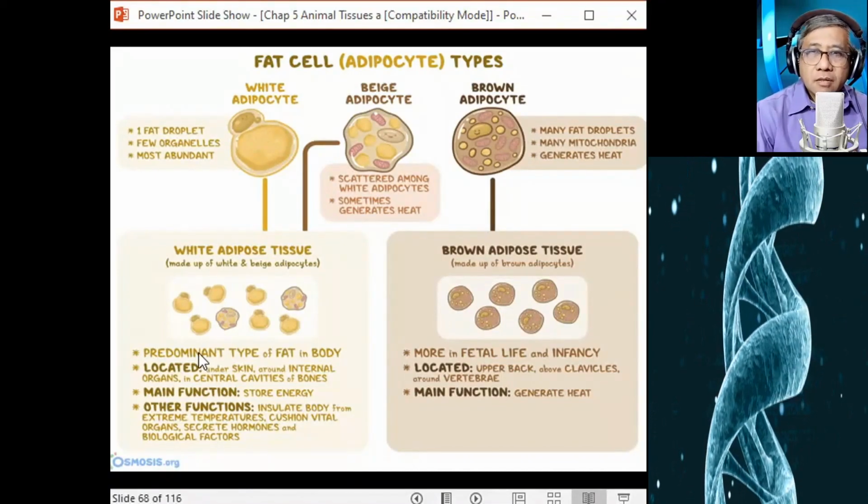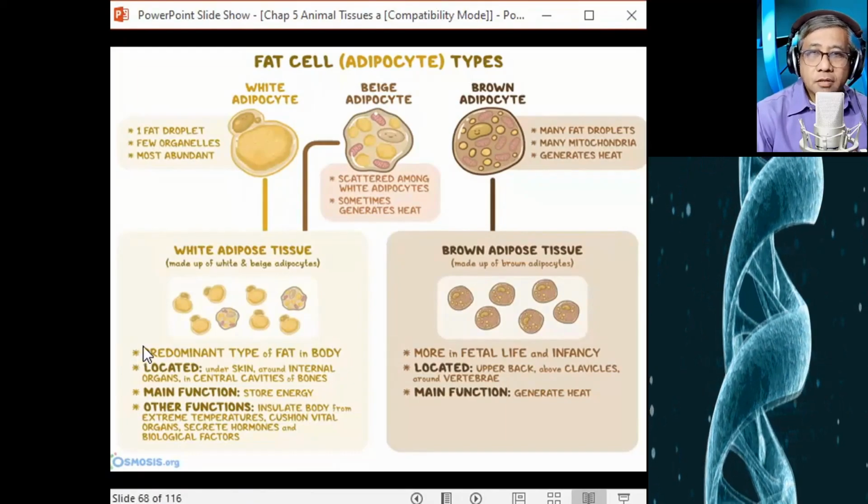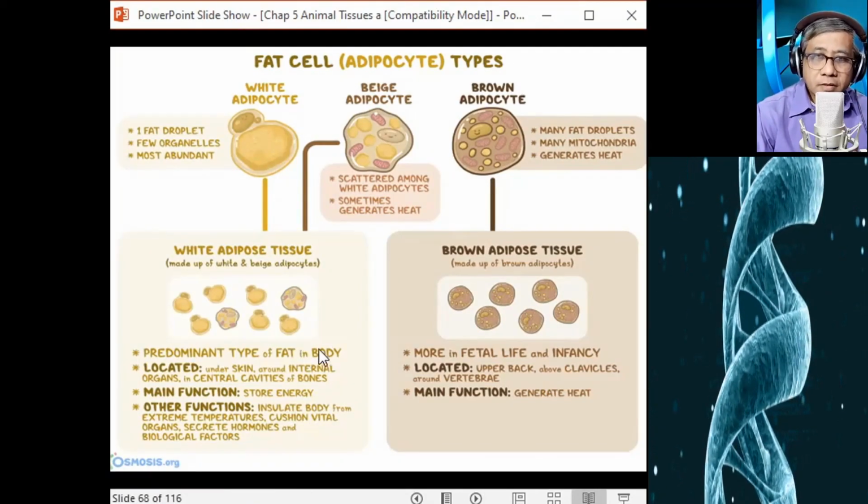The white adipose tissue is the predominant type of fat in our body.